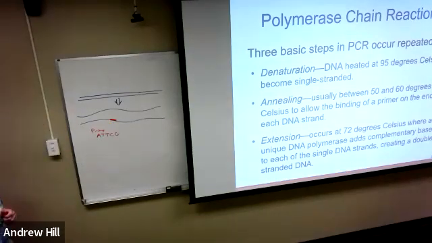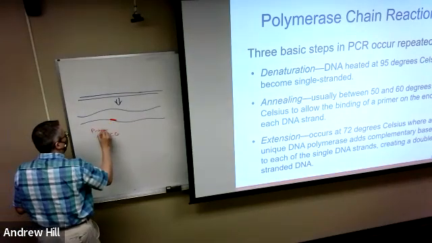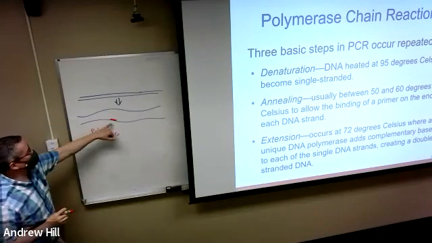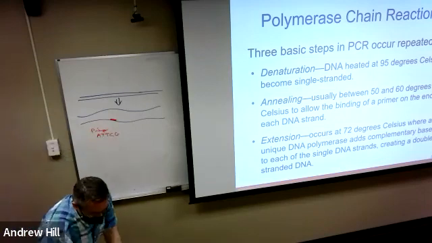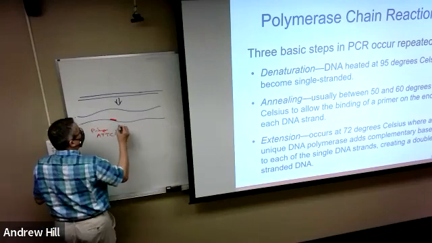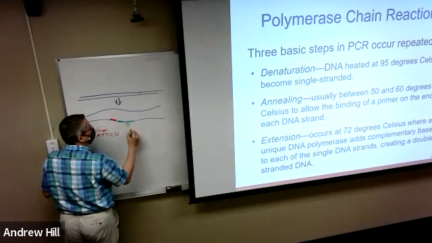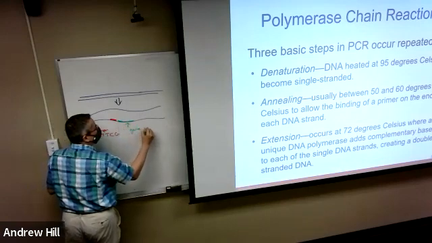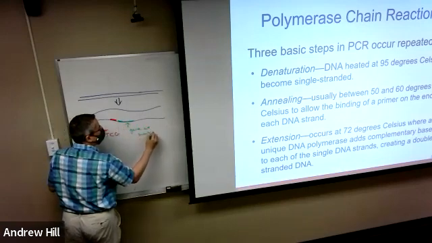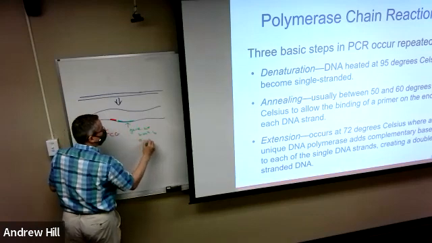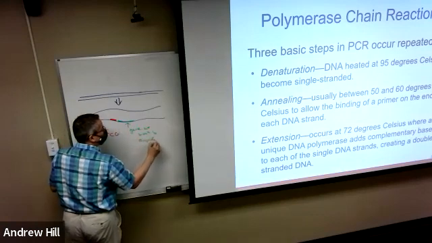That's our primer. And why do we need that? Because we know that our gene of interest is downstream. This is our gene of interest here. It's downstream of this primer. This is the gene we want to amplify.